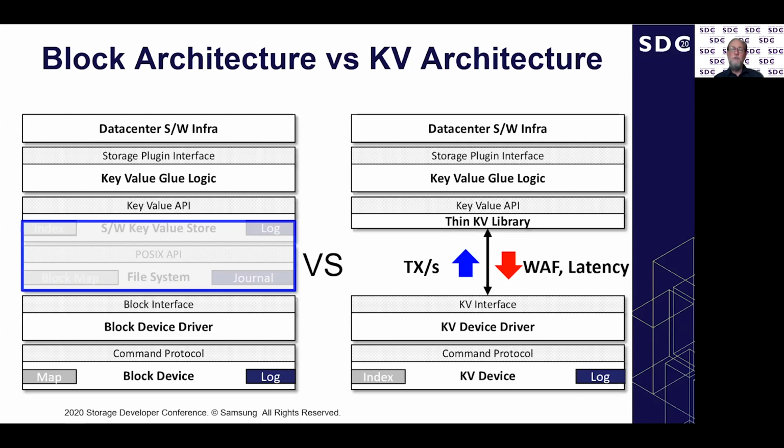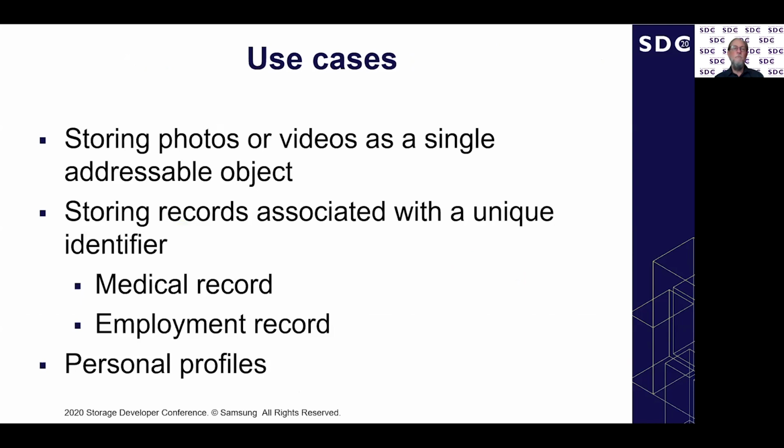So with this, you increase your transactions per second, you decrease your write amplification factor, and you decrease your latency because you've removed 2 layers of translation that don't have to be done. So from a performance point of view, that is one of the reasons why you would want to switch over to a key value interface for things that are appropriate to store as key value pairs.